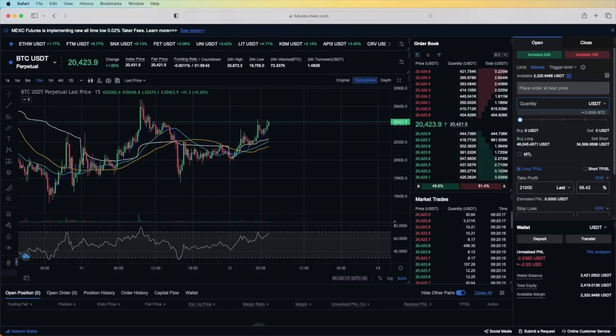For example, I'm gonna open the $1,000, $20,000 value of the Bitcoin for now. They give me straight away 97, 93 based on the market price.